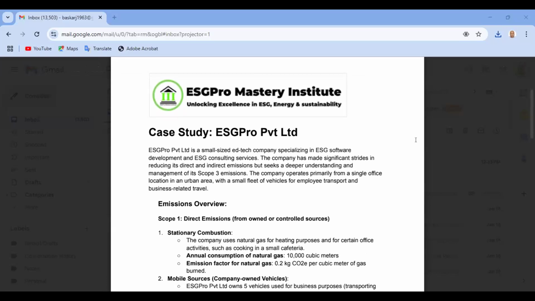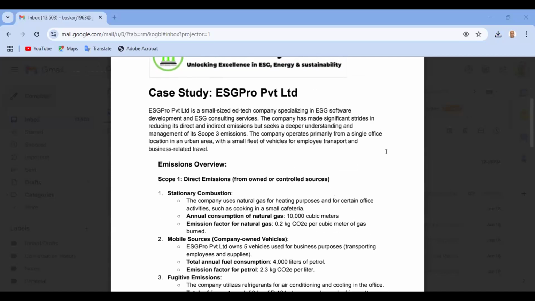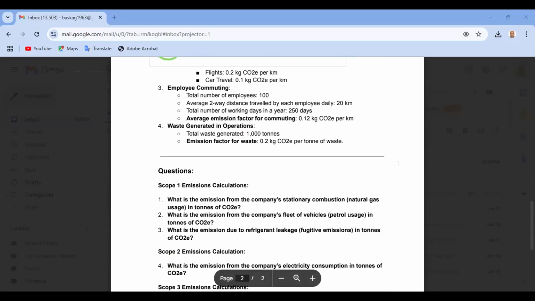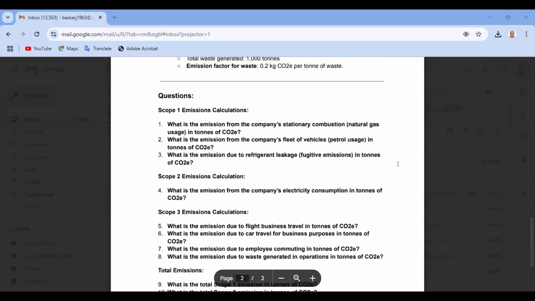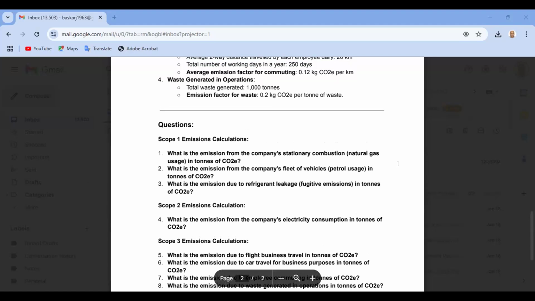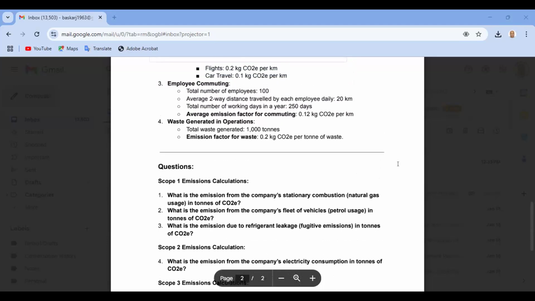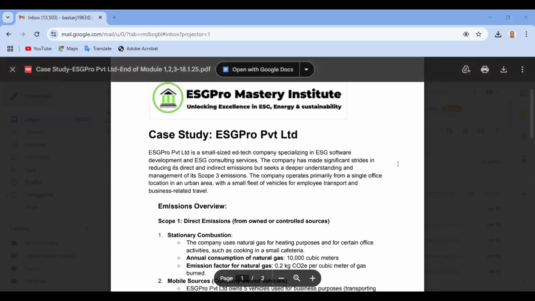Yes, sir, visible. Go ahead, Bhaskar ji. Just read the case.